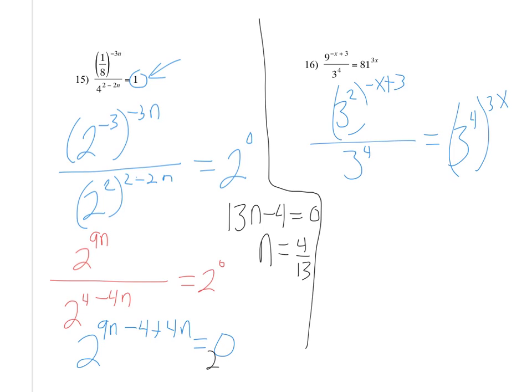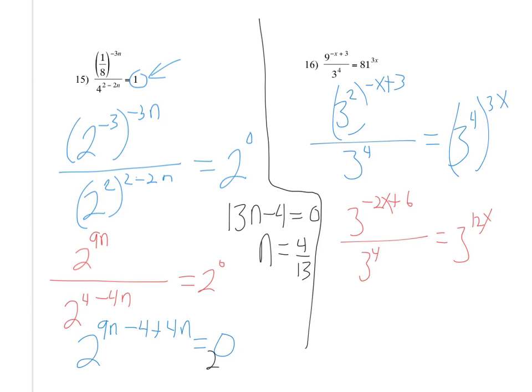Doing some simplifying, we get 3 to the negative 2x plus 6. We've got 3 to the 4th, and then we've got 3 to the 12x.